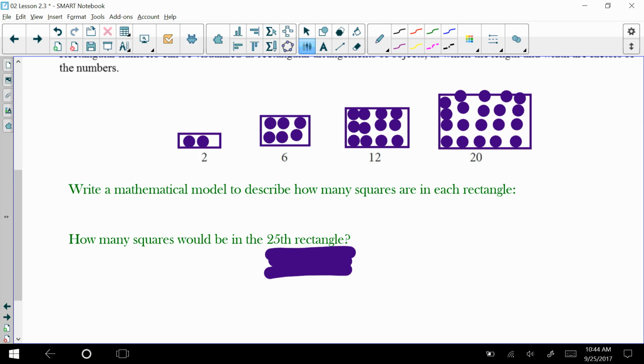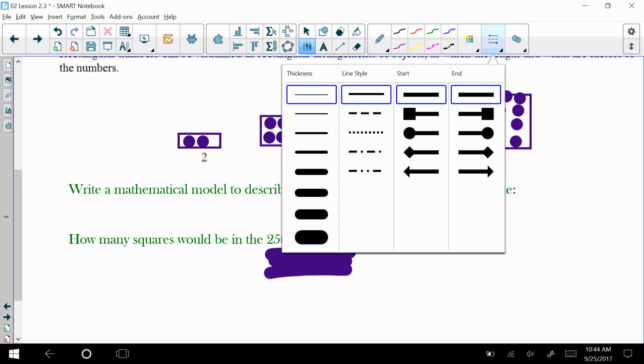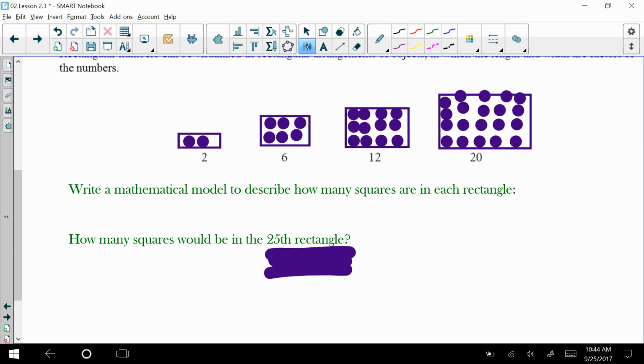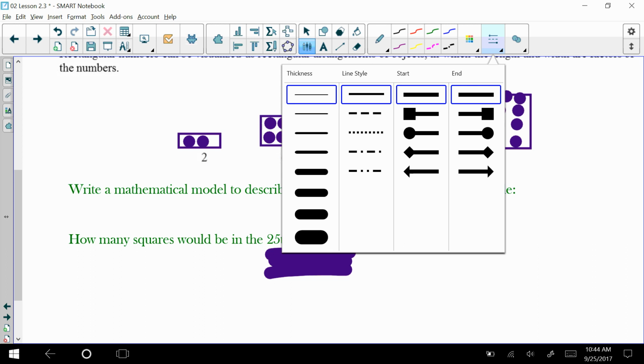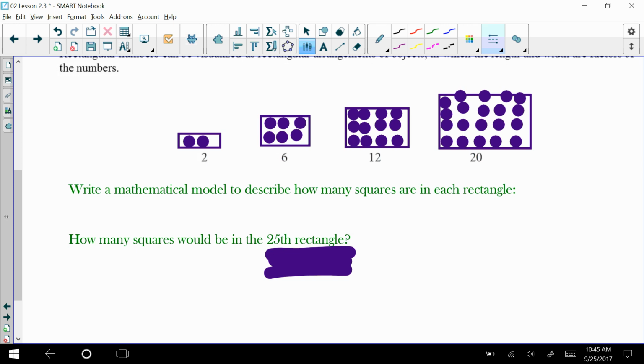My line is still staying pretty thick, so we'll try to adjust it.